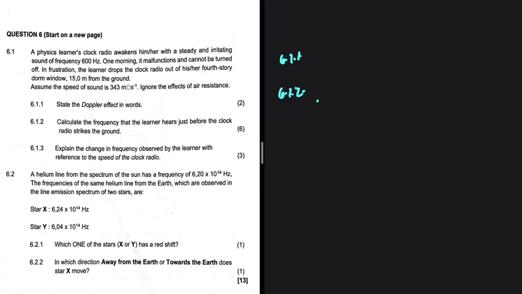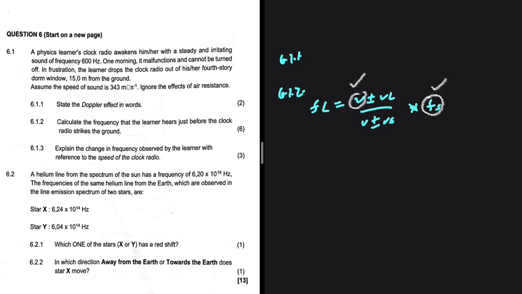So the frequency observed by the learner will be equal to v plus or minus vL divided by v plus or minus vs, multiplied by the frequency of the source. Frequency of source, we have 600, so there is no problem there whatsoever. And then v, the speed of sound in air, is given to us as 343 meters per second.